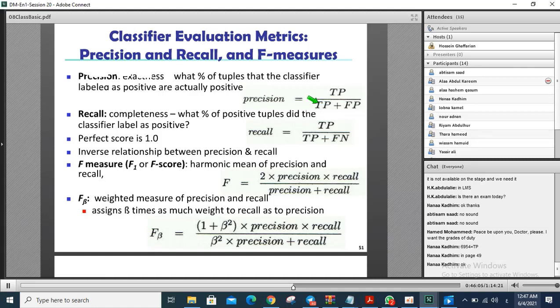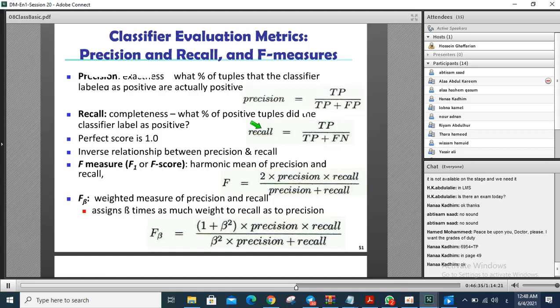The other measure is recall. We define recall as true positive divided by true positive plus false negative.